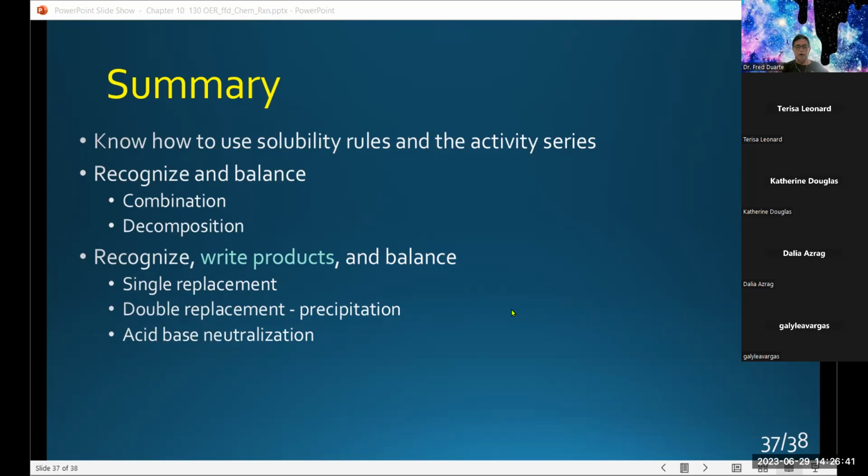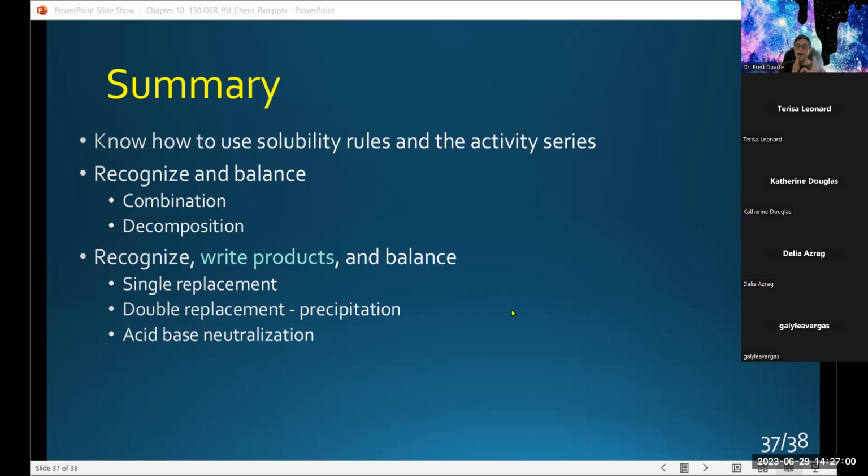The base, you're always going to find hydroxide. The base is any compound that produces hydroxide. The key ingredients in the reactants here are the proton and the hydroxide that react together to form water.